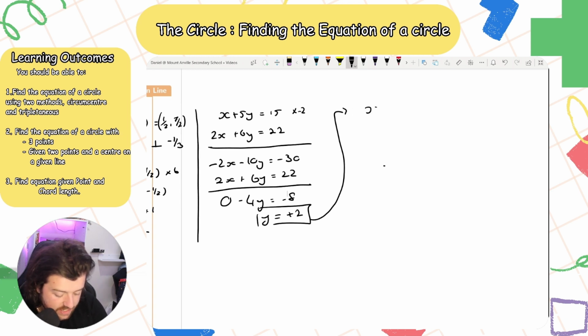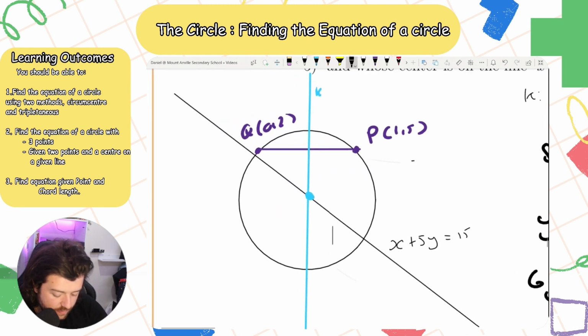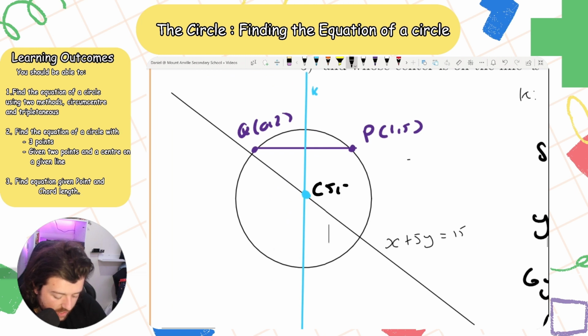Sub in to find x. So x plus 5 times 2 is equal to 15. X plus 10 is equal to 15. X is equal to 5. So my center of my circle is 5, 2. So now I need to find my radius.